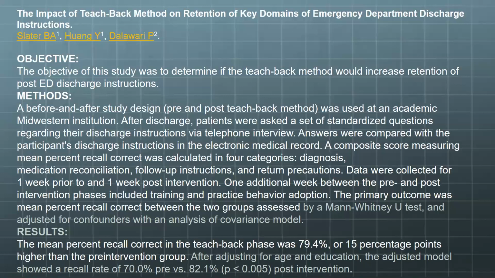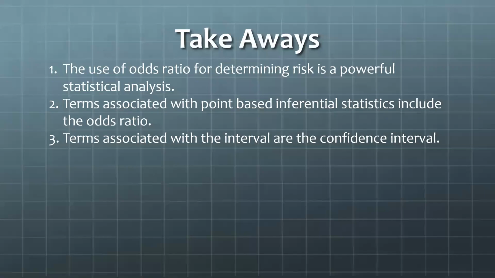It would be much more significant if the post-intervention group could achieve 100, then we would know that they were totally getting the entire education that was offered. So these are just the kinds of questions and things to think about when reading a research study.